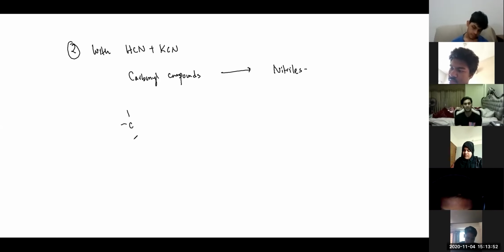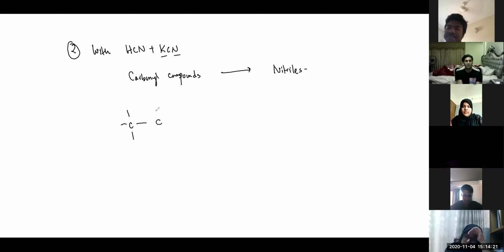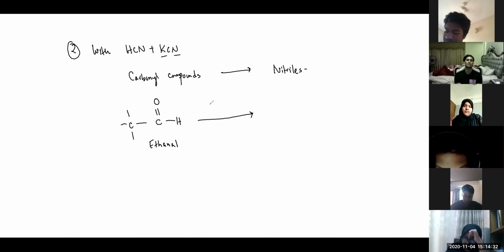So we have a CH3 C double bond O. This is ethanal. You add hydrogen cyanide with a trace of KCN or NaCN, anything.